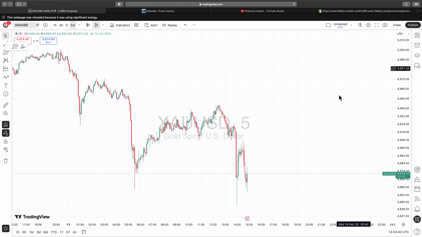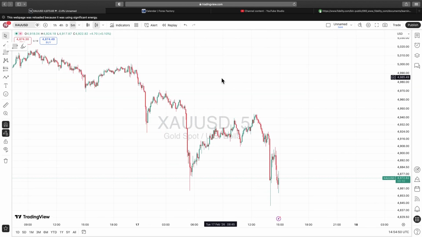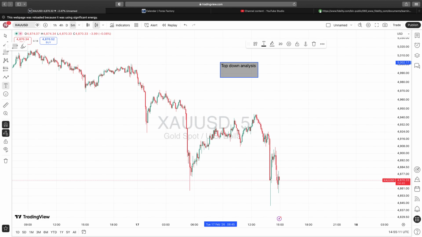Now, what is top-down analysis? Top-down analysis is basically analyzing the market from the higher time frame to the lower time frame. So it is called top-down analysis. Top-down analysis helps you to analyze the market from the higher time frame to the lower time frame.